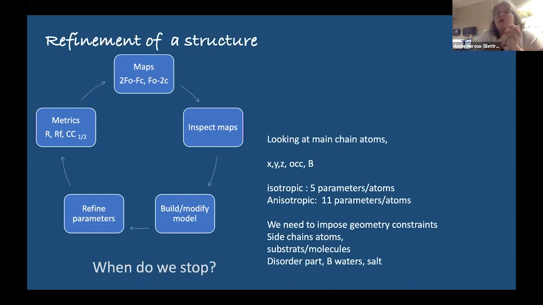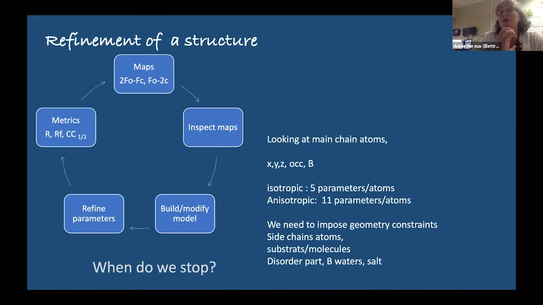There will be several rounds of building first your main chain, then adding all the side chains, then rotating all the rotamers for your side chains, and then adding some of the water molecules you see near the active site, and then outside, and so forth. So there's a very clear path, but the question is, where do we stop?